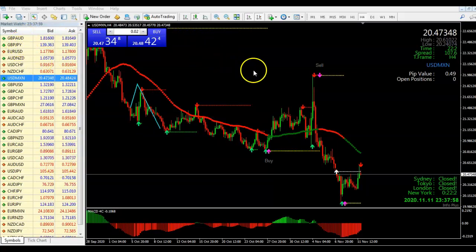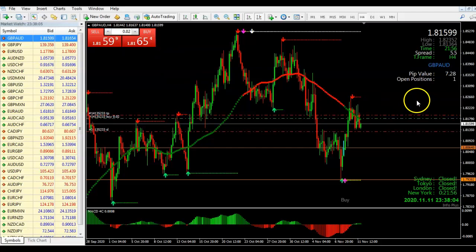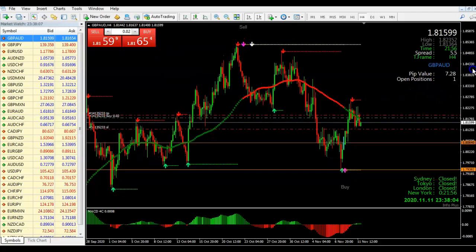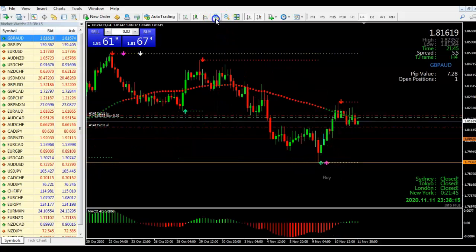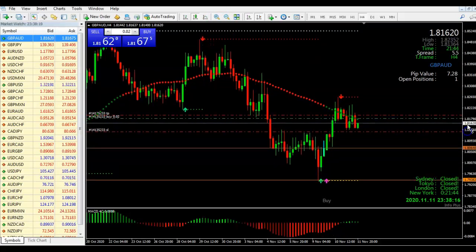And what I did now is take pictures of the forecast that we have, or what we were on last Sunday. For example, on this GBPUSD, we're looking at it like this.